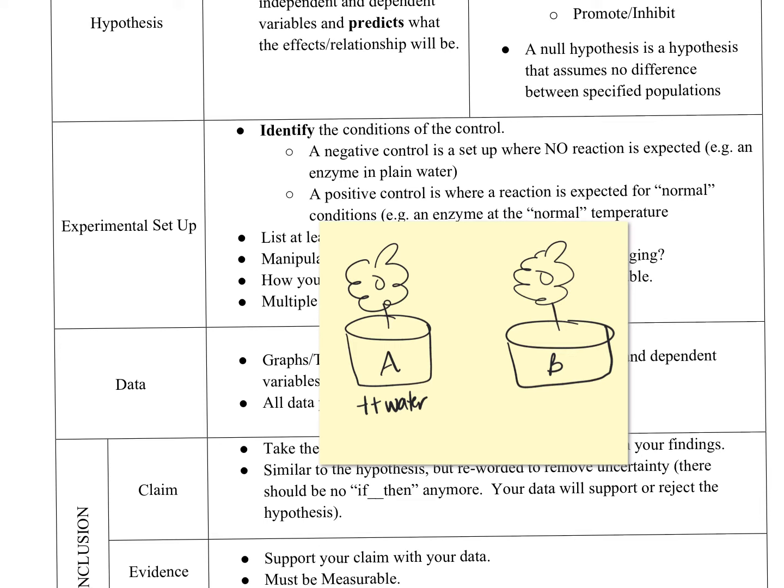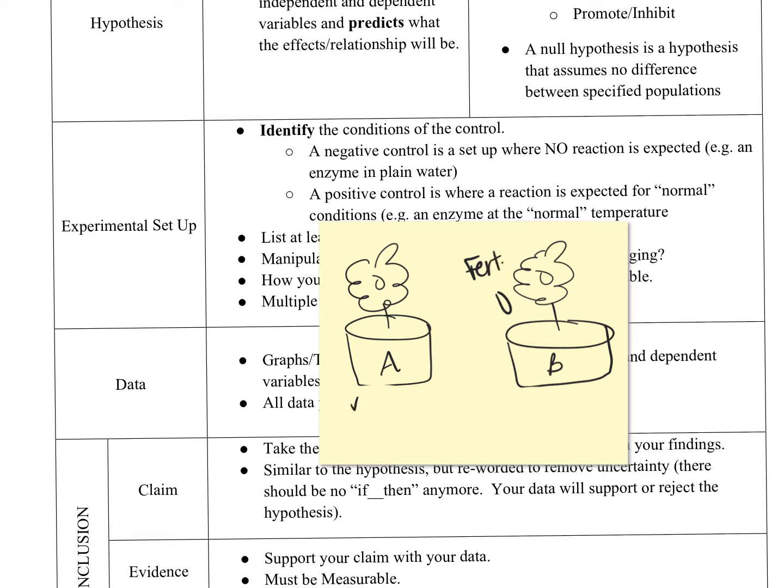Likewise, let's say that pot B is getting more sunlight compared to A. Well, then how do you know that it was the fertilizer that made this plant better? So in your experimental setup, you've got to make sure that everything stays the same between your experiments. So we're going to add the fertilizer to B because it's our independent variable.